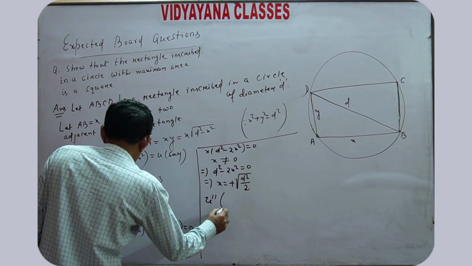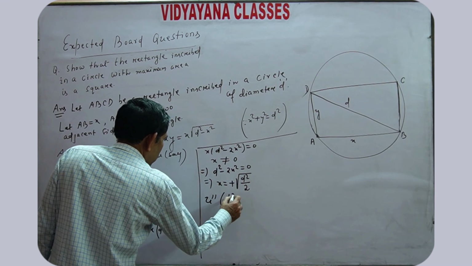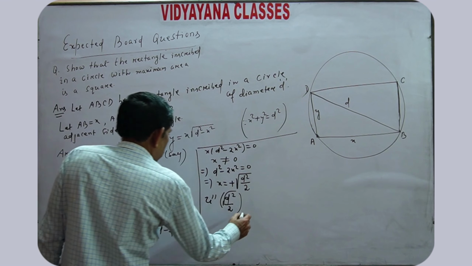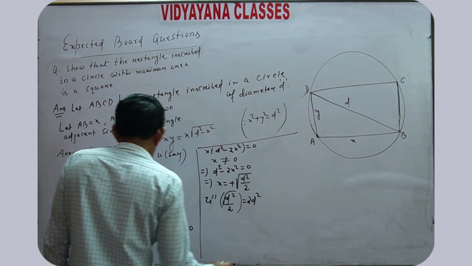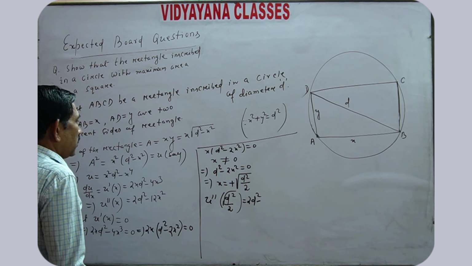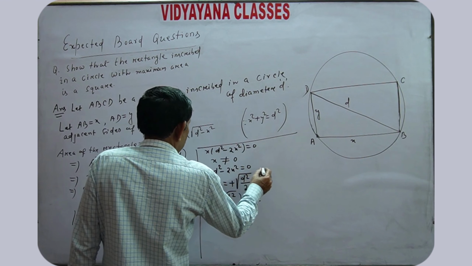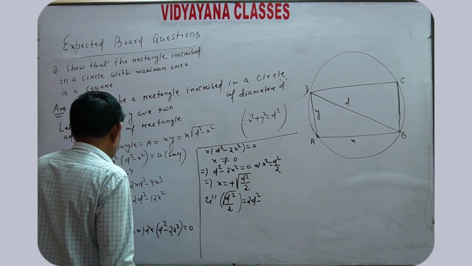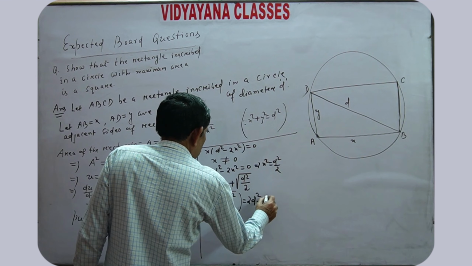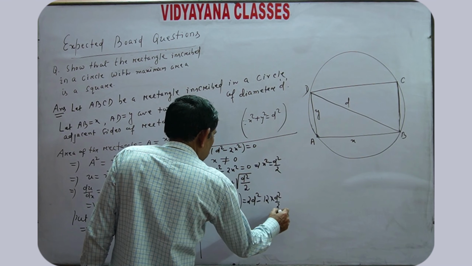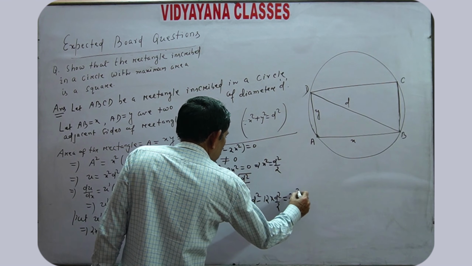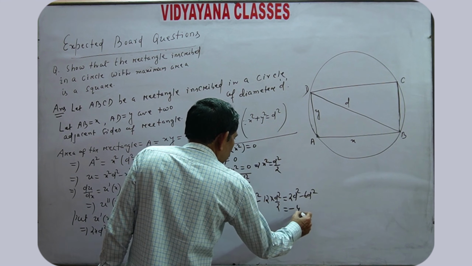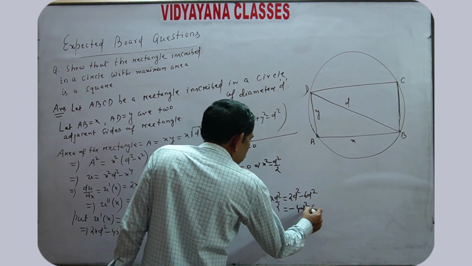U double dash at x equal to root of D square by 2 is equal to 2D square minus 12x square, with x square equal to D square by 2. 12 into D square by 2, which is 2D square minus 6D square, which is equal to minus 4D square, less than 0.